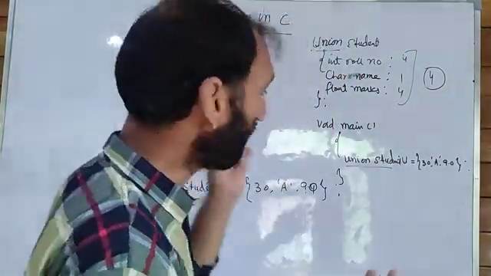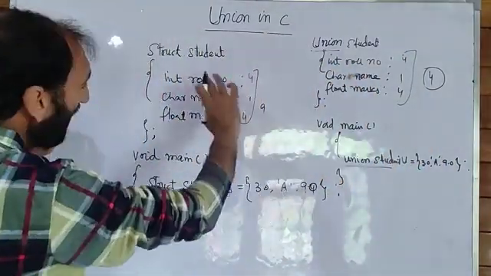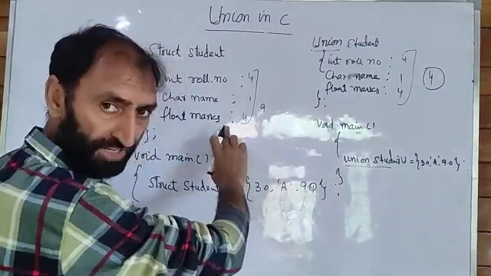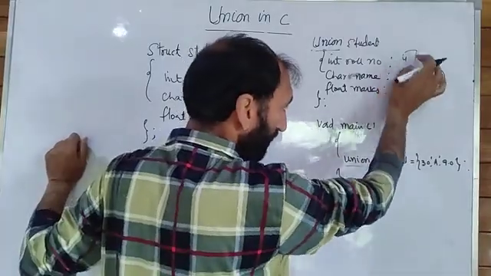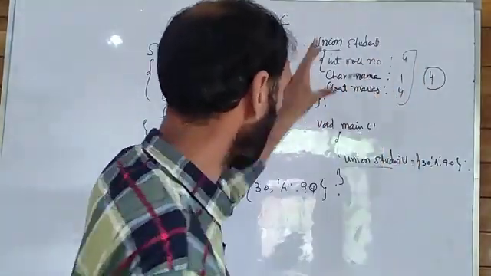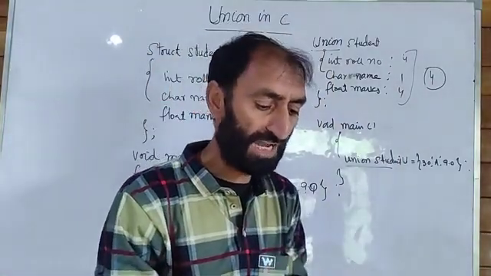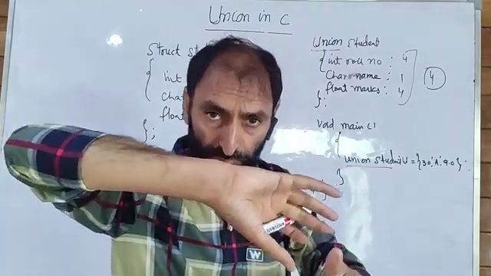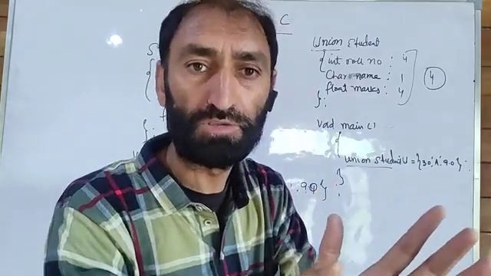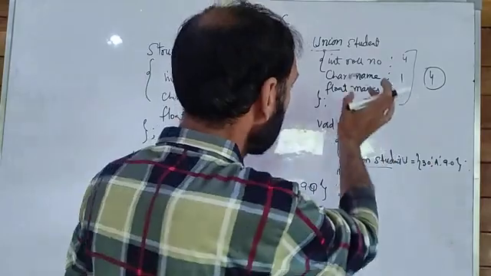So we now know that the main difference between the structure and the union lies in the allocation of the memory. Here 9 bytes of memory will be allocated for this structure, and here only 4 bytes of memory will be allocated for this union. In a union, the memory manager allocates the memory occupied by the largest data type.